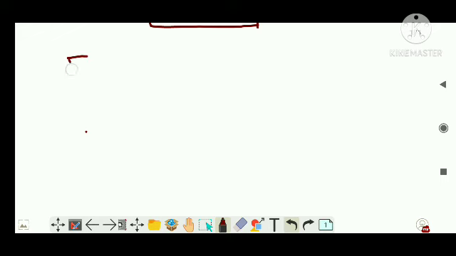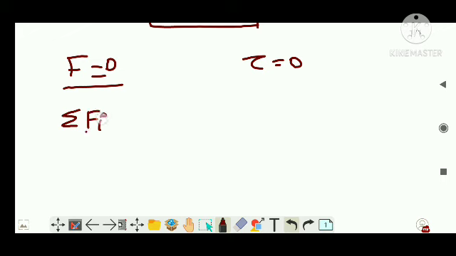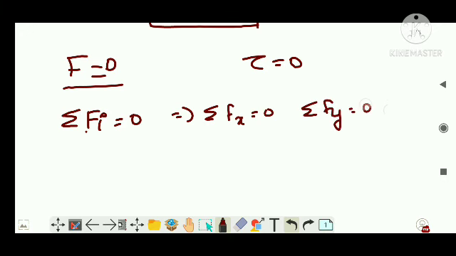When the total force is equal to 0, as well as when the total torque is equal to 0. Total force is 0 means the force in x direction is equal to 0, that is sigma Fx is equal to 0, sigma Fy is equal to 0, and sigma Fz is equal to 0, right?